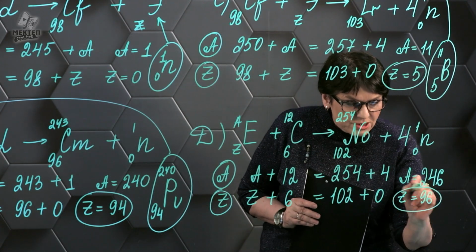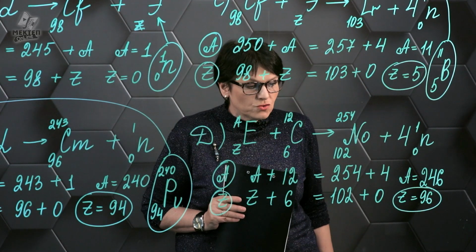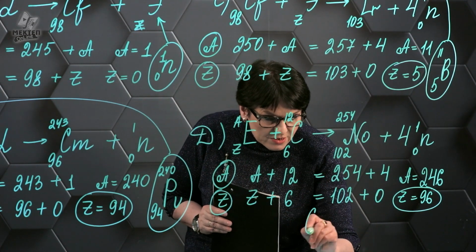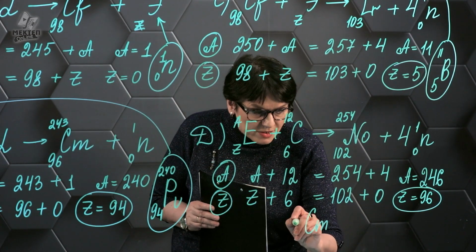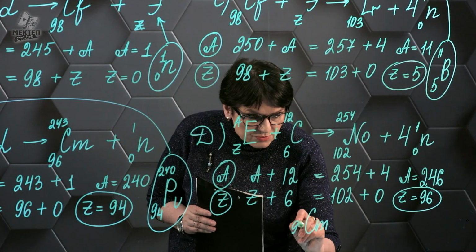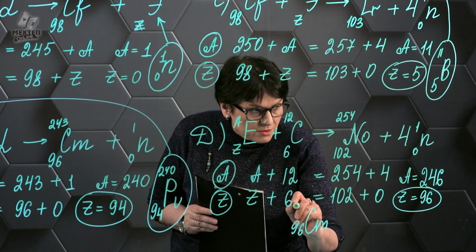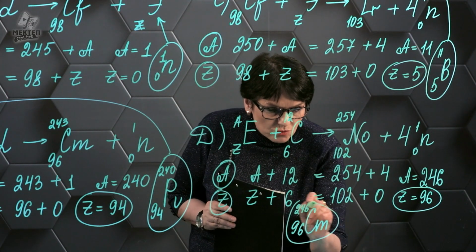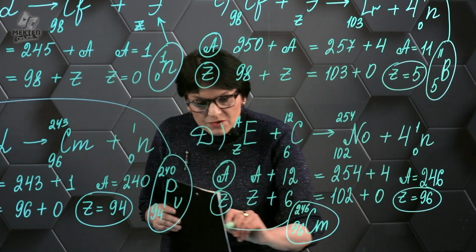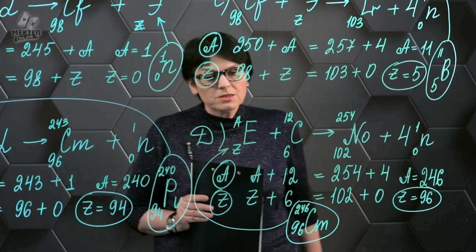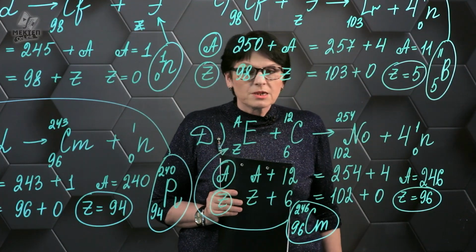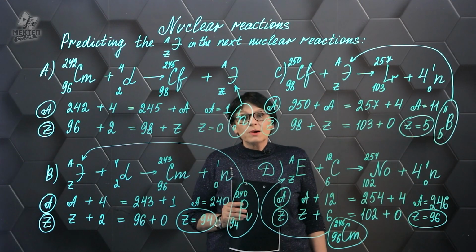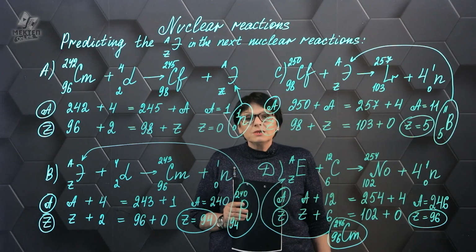But since Z is the main value for identification, we conclude that in this case the element was samarium 96 and its mass 246. That's what was encrypted. So in this case the unknown element was samarium. I hope from the examples we have made it is clear how they work.